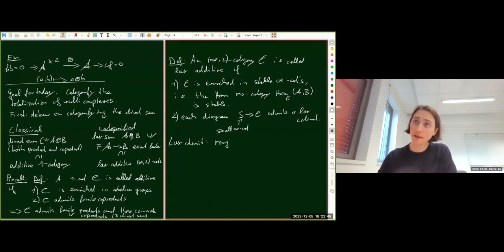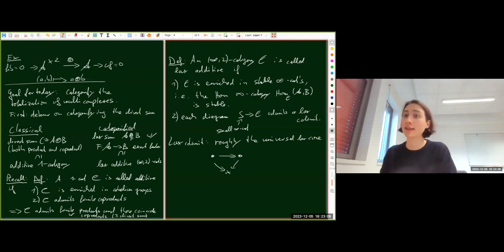So this is roughly the universal lax cone. So what is a lax cone? It's a cone where you have, say, this is S, and then we have the cone tip, and a lax cone is a diagram like this, which does not commute, but where there are some non-invertible natural transformations, or non-invertible 2-morphisms.